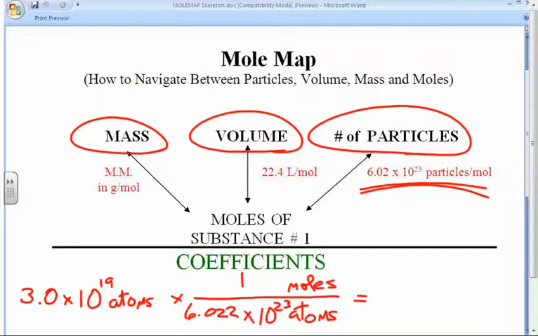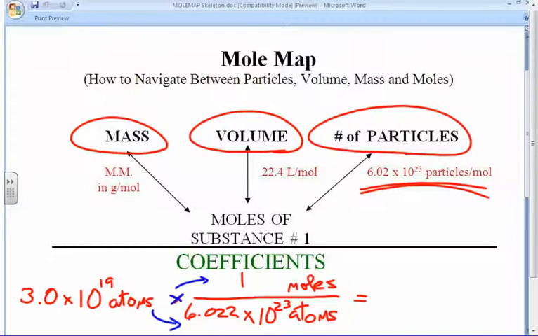And so if we take 3.0 times 10 to the 19th and we multiply that by 1, which we may choose to ignore if we wish since it's multiplying by 1, and we divide by 6.022 times 10 to the 23rd, then that is going to tell us how many moles we have in 6.022 times 10 to the 23rd atoms.